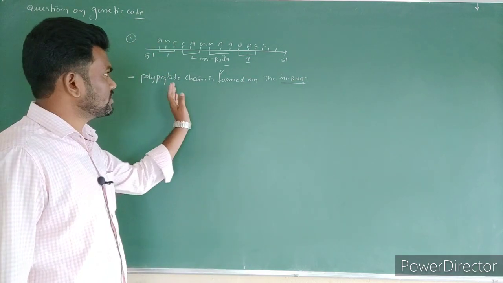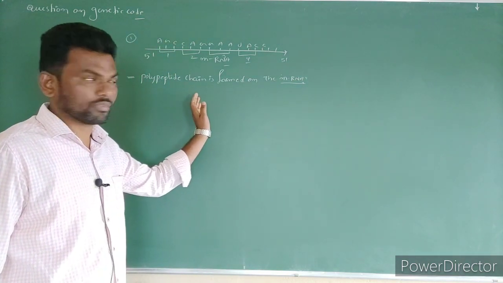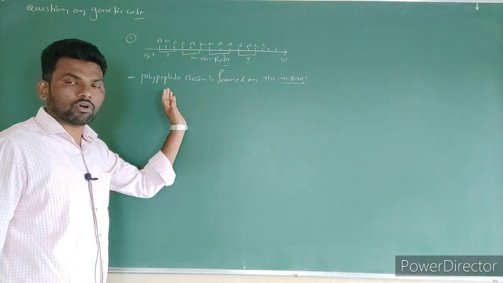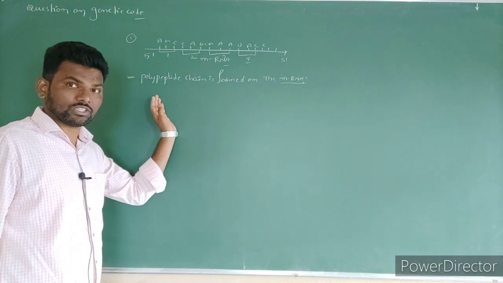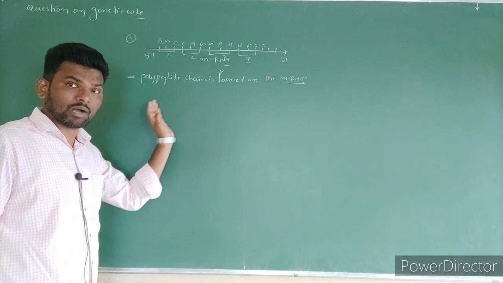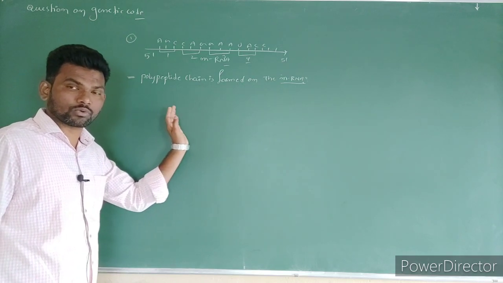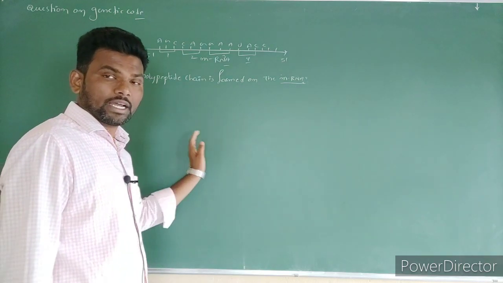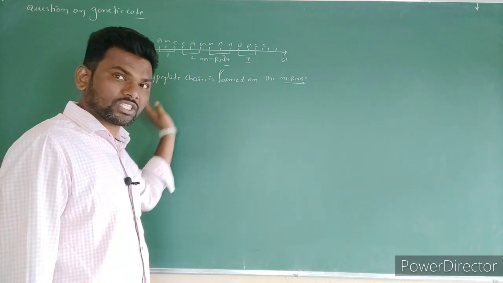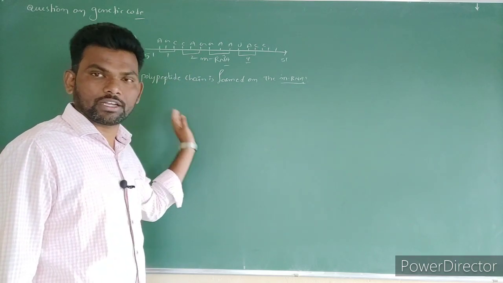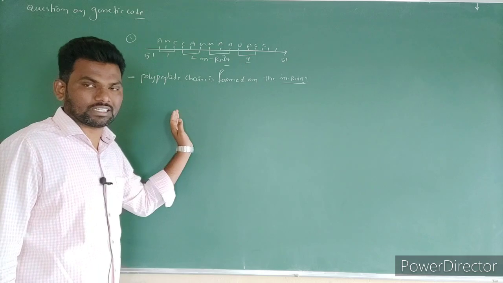Most of the students skip this type of question. So for that you have to learn the entire 64 codons with respect to the amino acids. Which codon codes for which amino acid? That entire 64, now 61 things you have to learn by heart. It is a very tough task to learn all of it by heart at a time.